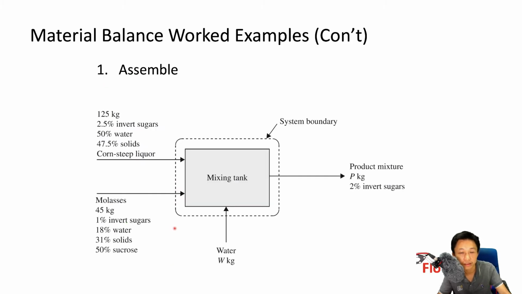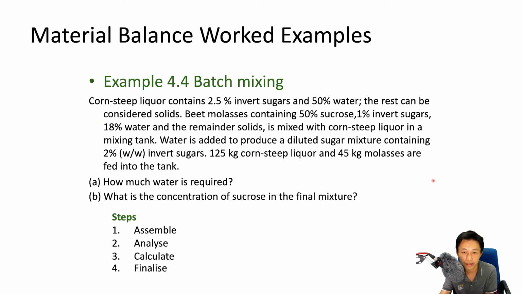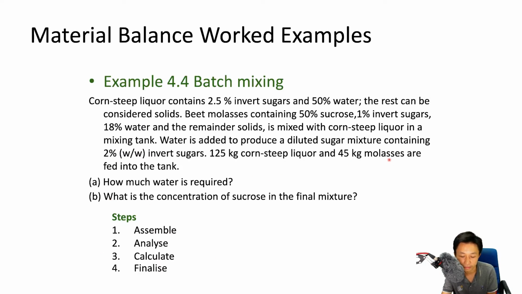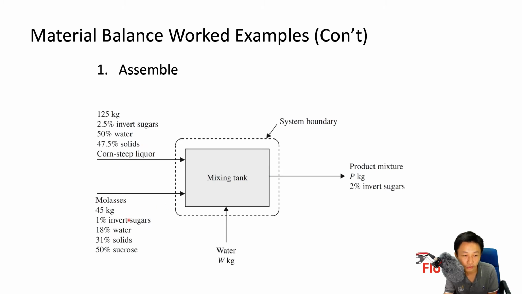From the text, we have corn steep liquor. This part, corn steep liquor, and then this is the first stream: 2.5% invert sugar, 50% water, and the rest is solid. The other one is molasses. Molasses is 45 kilograms. This one, invert sugar 1%, water is 18%, solid is 31%, and 50% sucrose.